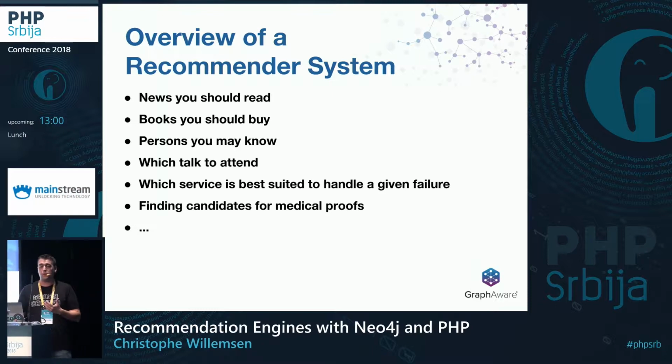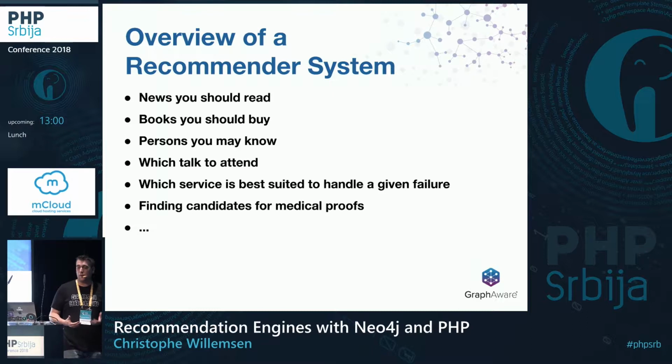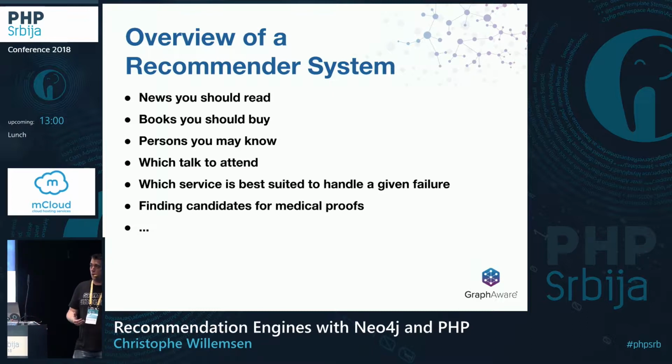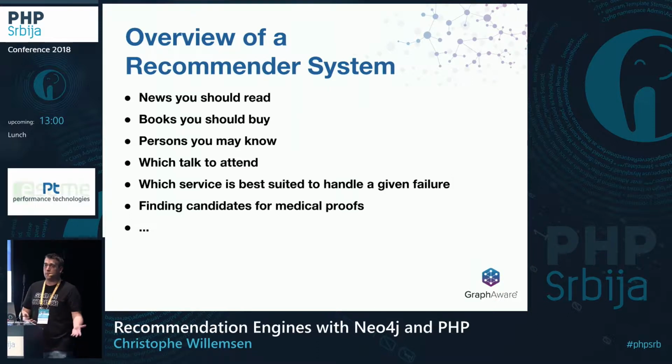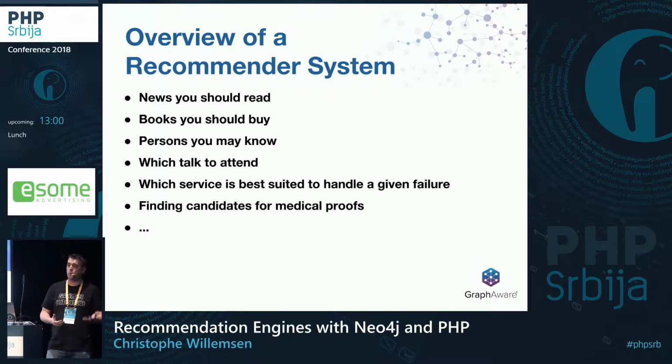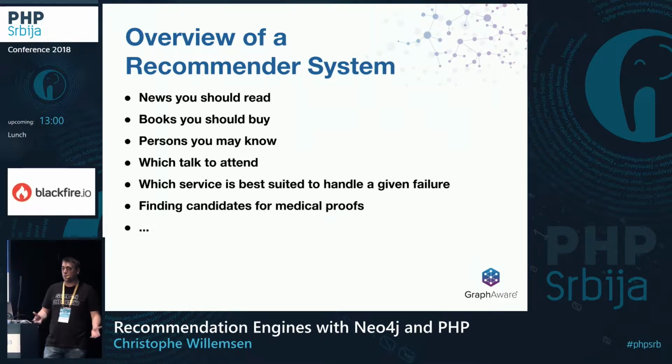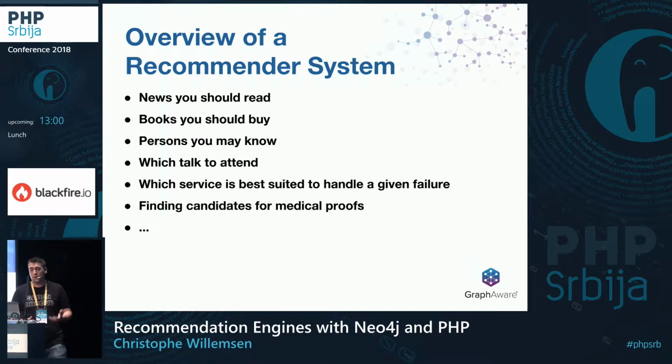It can just be recommending news you should read or books you should buy, which talks to attend, for example, based on the talks you watched or attended before. Which service is best suited to handle a failure? So we have seen applications of recommendation engines in microservices architectures, for example, or finding candidates for medical proofs, etc.